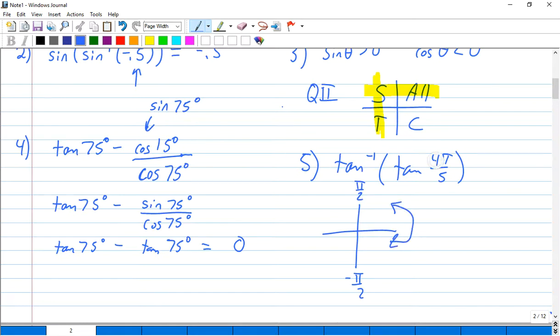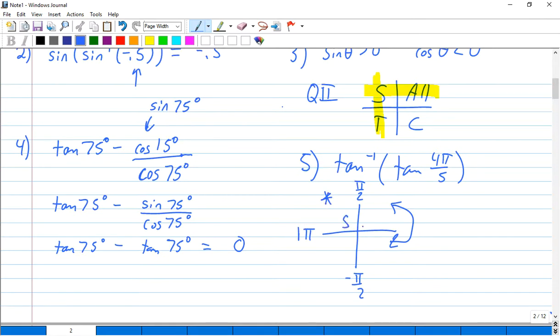So if this angle measure, 4 pi over 5, is in one of these two quadrants, then you just take the answer. However, 4 pi over 5 is not. The way I know that is because this is 1/2 pi, this is 1 pi, and that's 4/5 pi. And 4/5 is greater than 1/2, but it's less than 1.